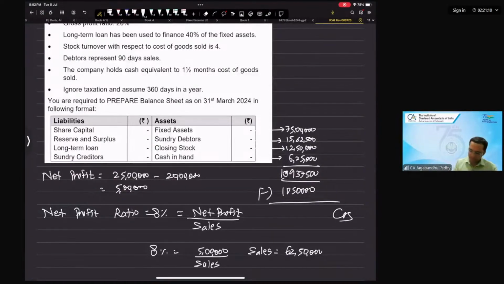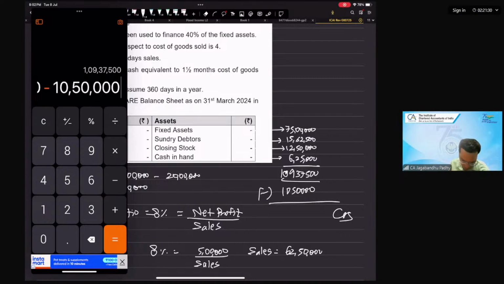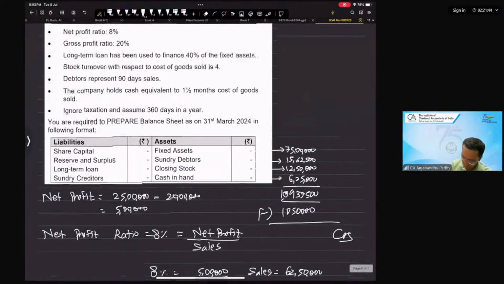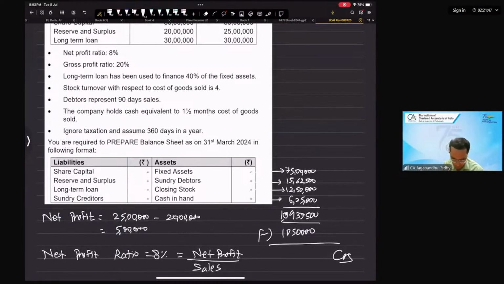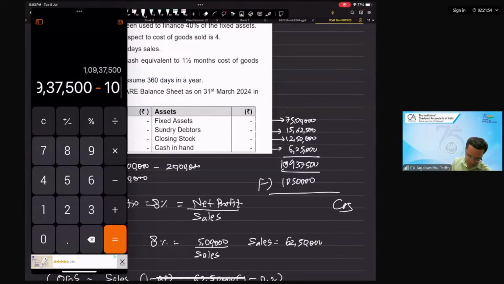So you get the value of creditors to be 1 crore 9 lakh 37,500 minus 1 crore 5 lakh.